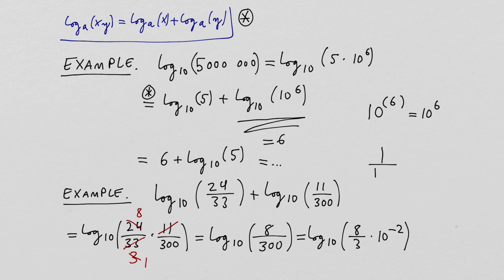Because 1 divided by 100 is 100 to the power minus 1. It's 10 to the power 2 to the power minus 1, which gives 10 to the power minus 2.